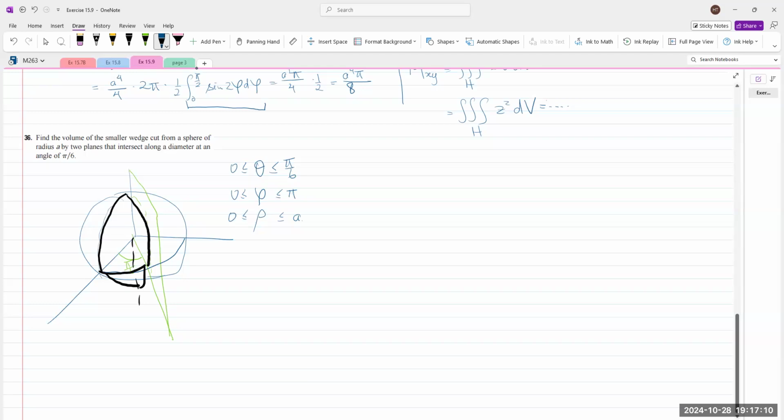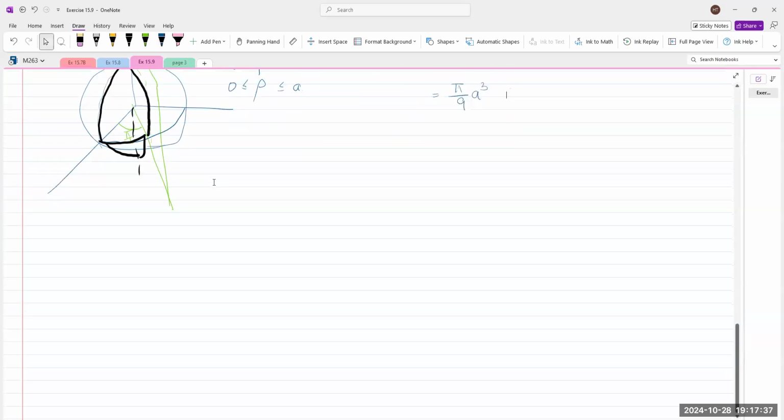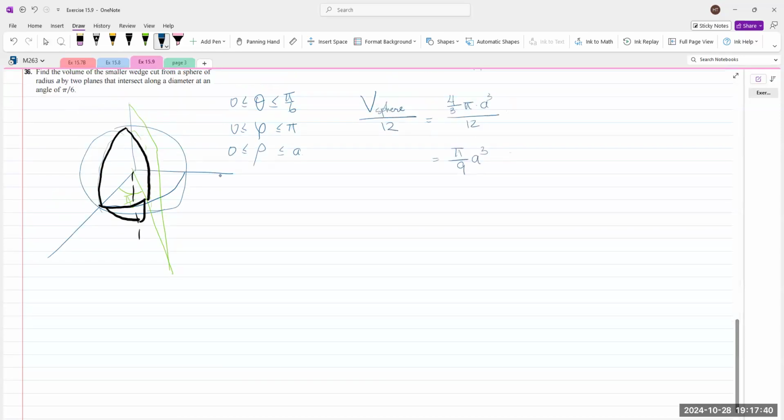Actually, if you think about this, this is the volume of the sphere divided by 12. So the volume of the sphere is 4 over 3 pi r cubed over 12. That's pi over 9 a cubed. That's supposed to be the volume. But if we do the integral, let's see if we get the same result.